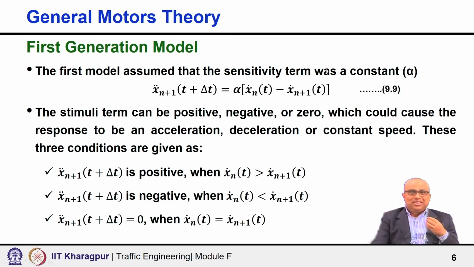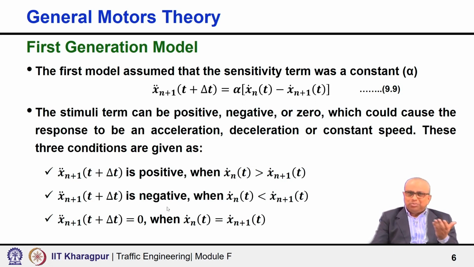So, using this formula, shown here as equation 9.9, x double dot n plus 1 at time t plus delta t will be negative, indicating deceleration, because you are becoming closer to the lead vehicle.